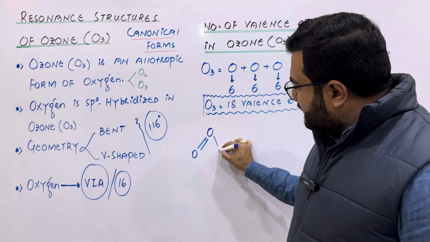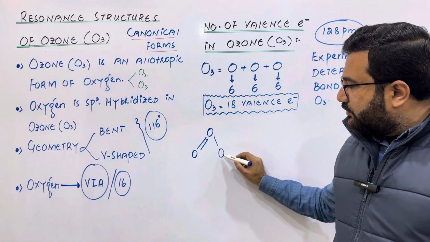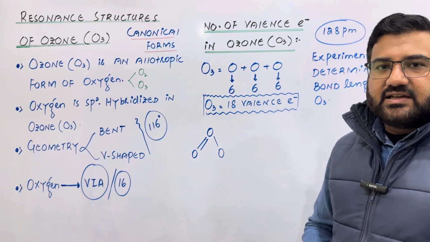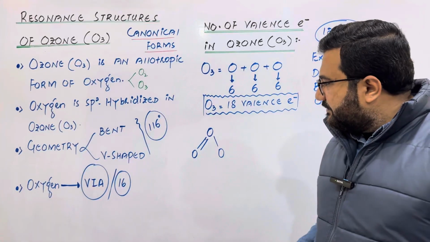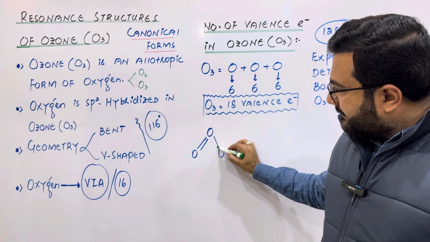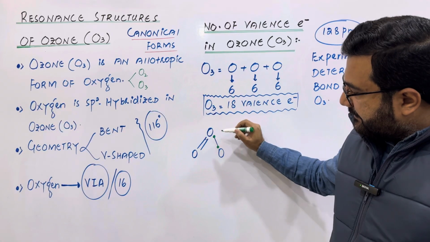Now let us look into the proposed structures of ozone. According to the proposed structure, there is a central oxygen which is attached to two peripheral oxygens, one through a double bond and the other through a single bond. Now let us look at the octet of these three oxygen atoms, how their octet is completed. This oxygen has one bond pair of electrons with the central oxygen.